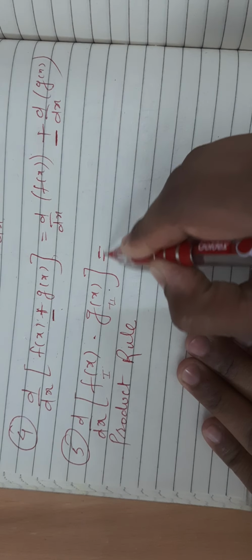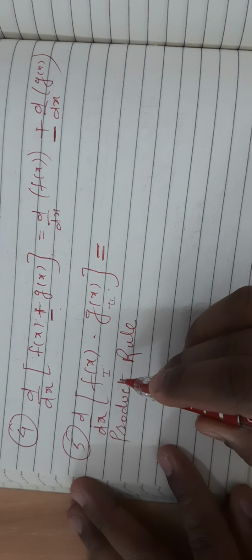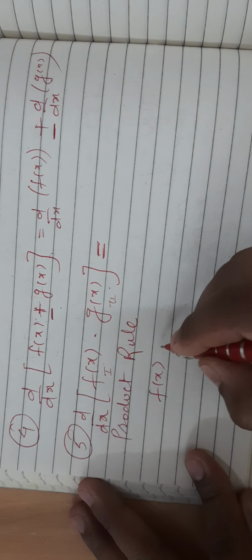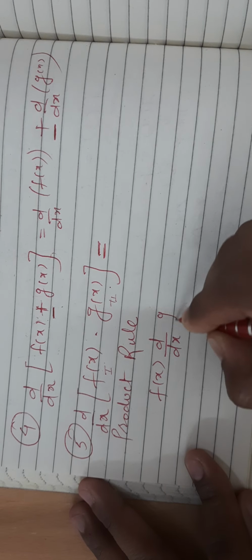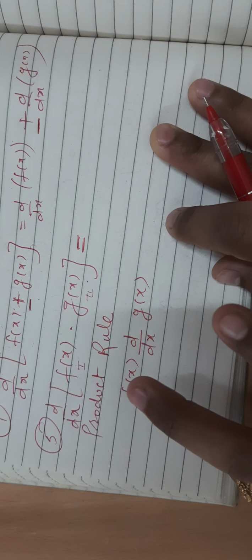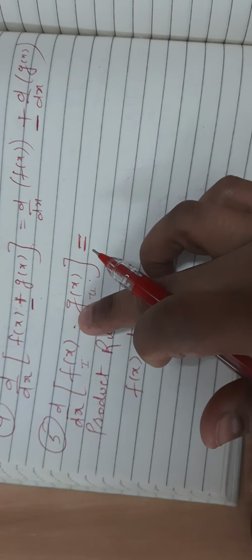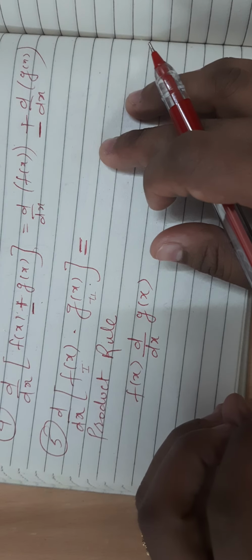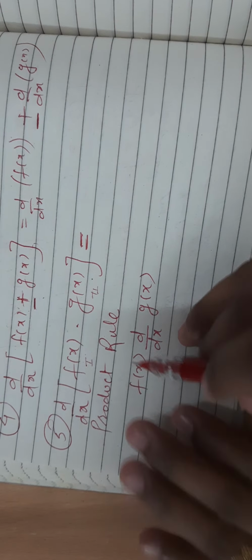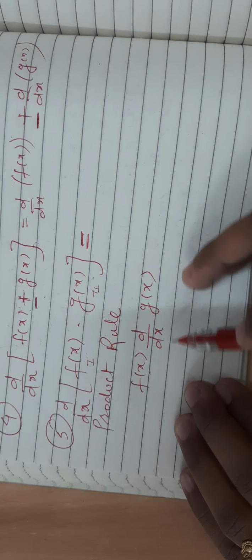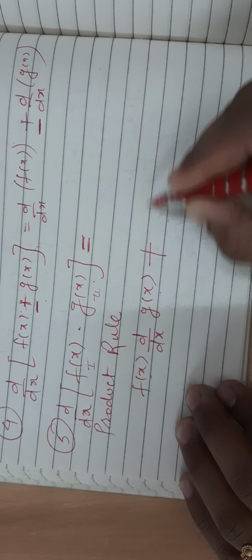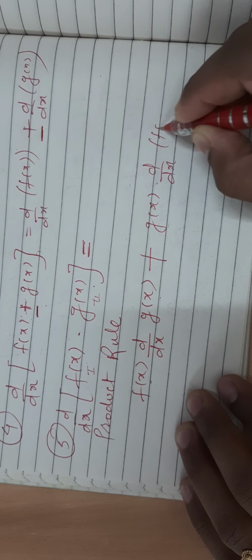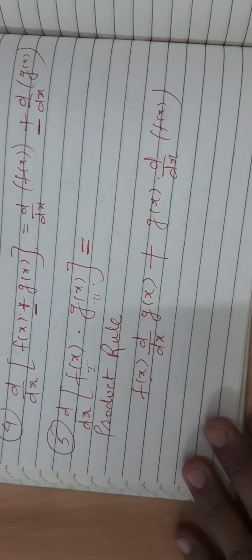So according to the product rule, let the first function be as it is, f of x, and we will differentiate the second function. There are two functions and a multiplication sign between them. We can differentiate only one function at a time. So let the first function be as it is and differentiate the second function, then a plus sign. Now the second time let the second function be as it is and take d by dx of the first function. This is called the product rule.